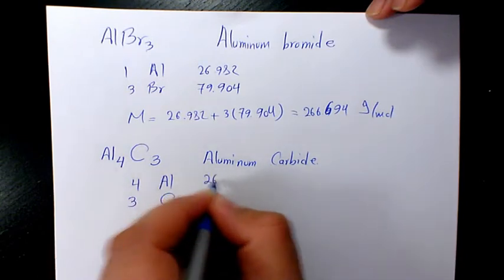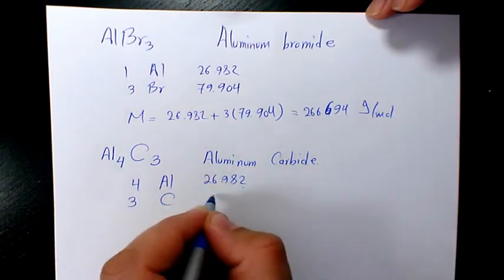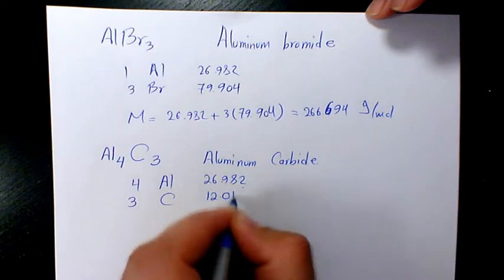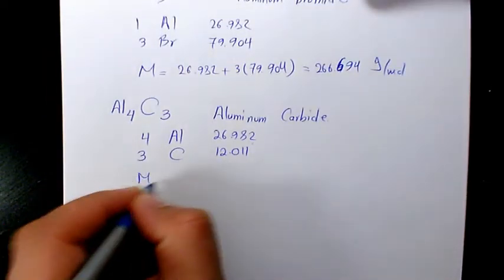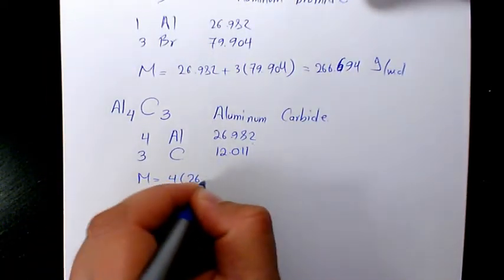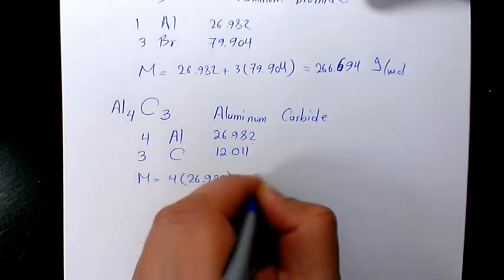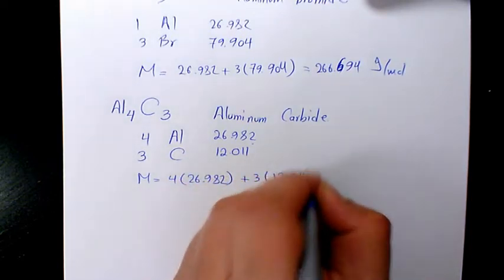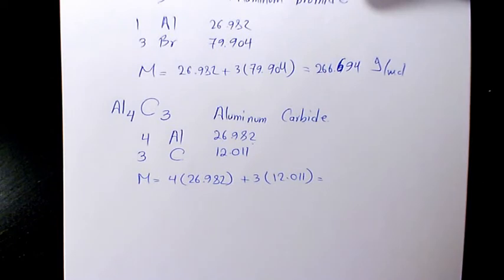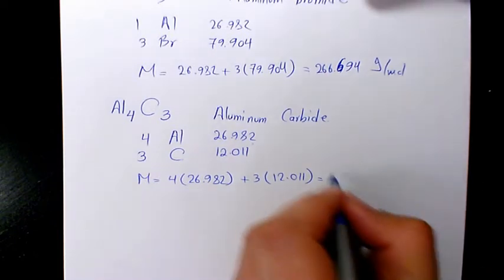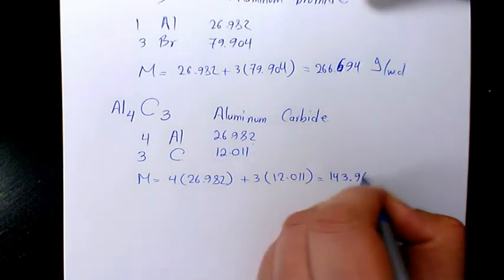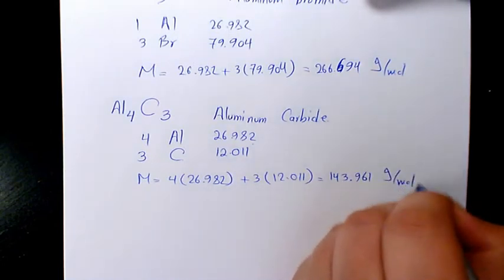Aluminum is 26.982. Carbon is 12.011. So we have 4 times 26.982 plus 3 times 12.011. That's going to be 143.961 grams per mole.